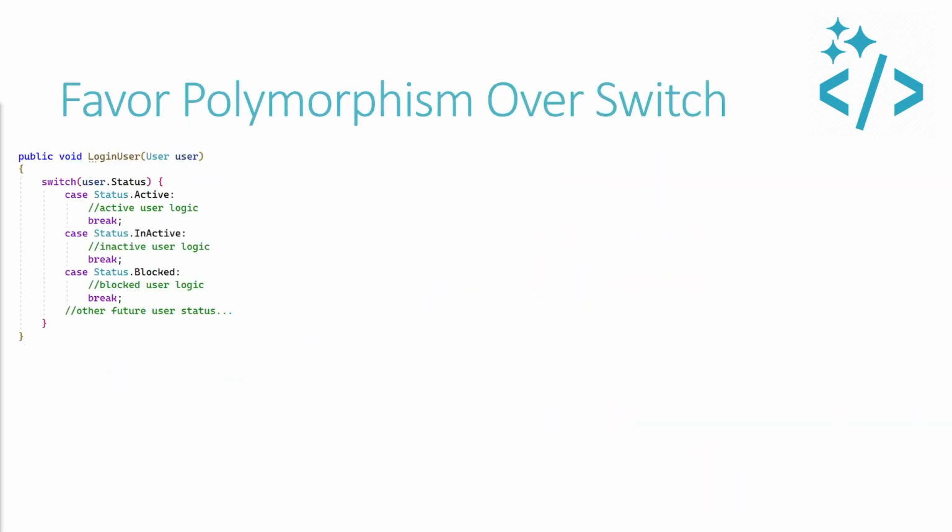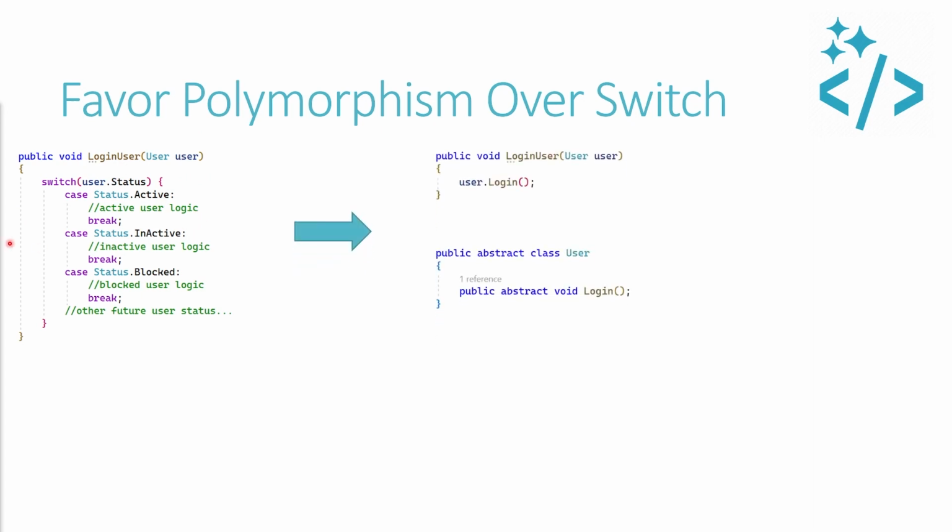Good. Another concept is to use the polymorphism of object-oriented programming languages. So instead of having such a switch statement which checks here the status of the user and executes specific logic in case of user states, for example, we can improve this by extracting this functionality to have a login user method, and each user which is active, inactive, blocked should have its own class.